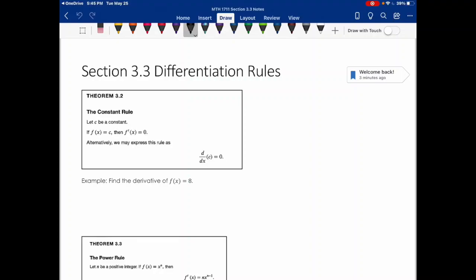Previously, we have learned how to find the derivative at a specific point and how to find the derivative as a function using the definition of a derivative. And we use that definition to help you develop the concept of what the derivative means.